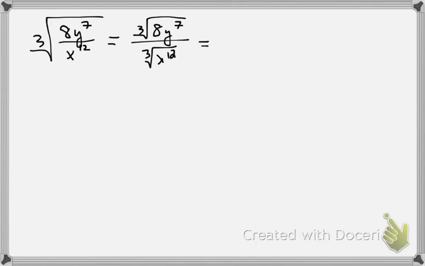What do you get? 2y squared cube root of y over x to the 4th. Is everybody on board with that? Is that okay?